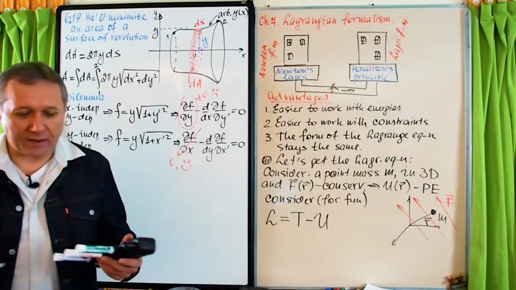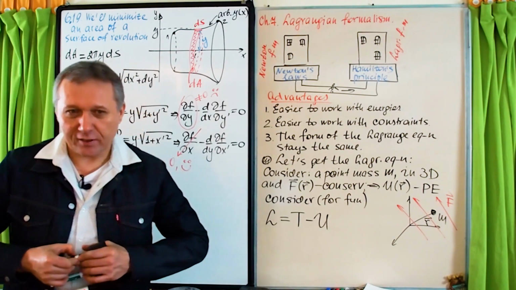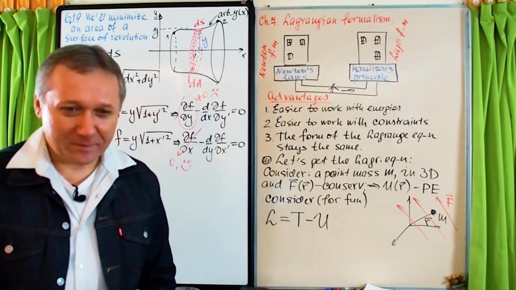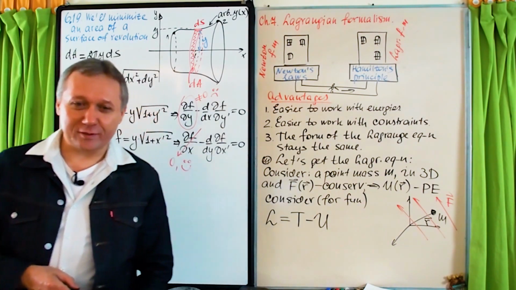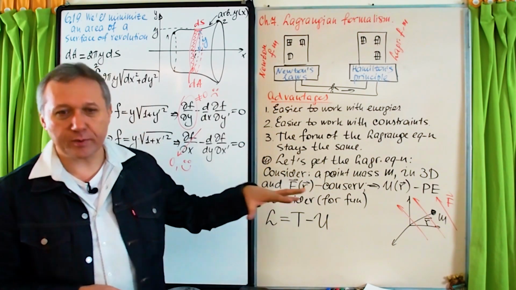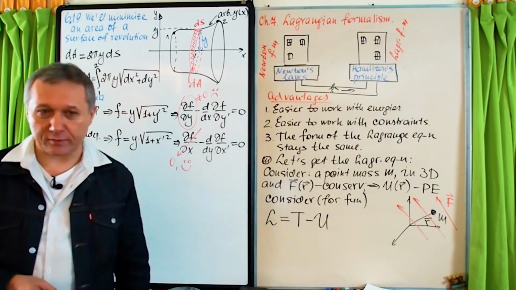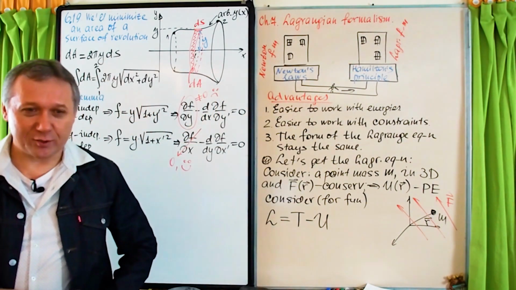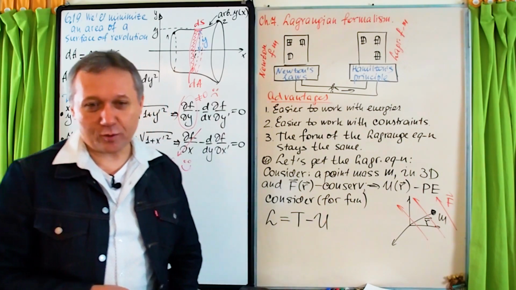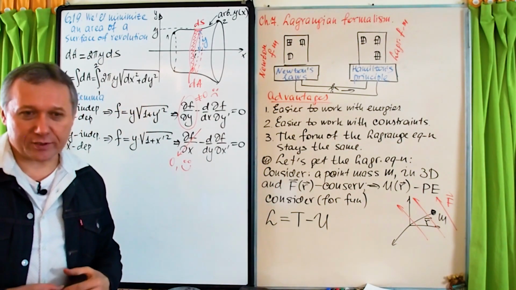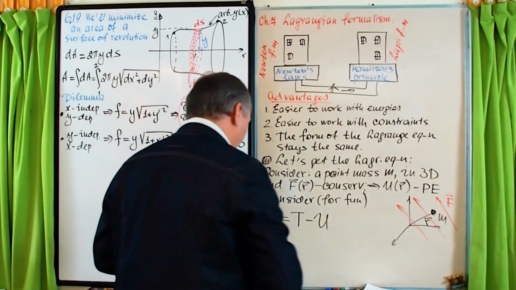I don't know, maybe I just like subtracting potential energy from kinetic energy. There seems to be no good reason why we should consider this. Of course, it can be derived from Hamilton's principle, and we're going to do it in the graduate level course. But for now, we're just digging up the tunnel to get from what we know to something new. So just for fun, let's consider this strange construction, kinetic energy minus potential energy.